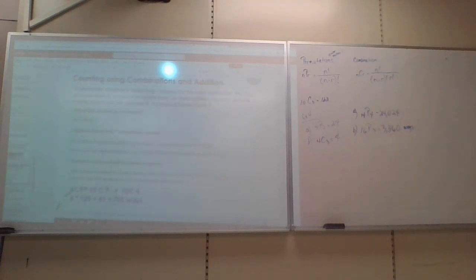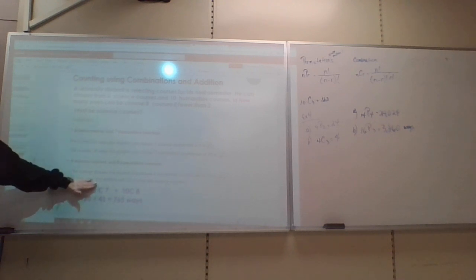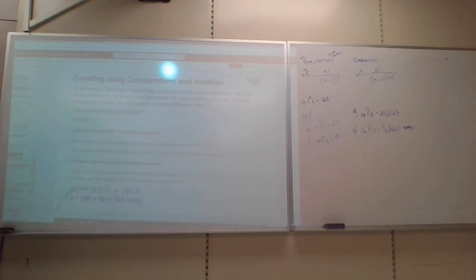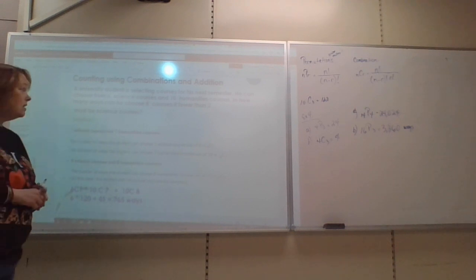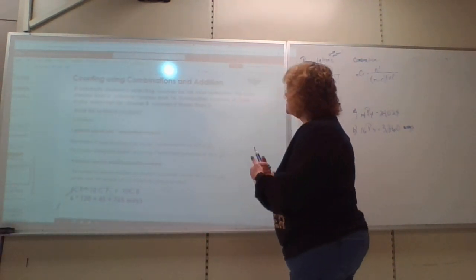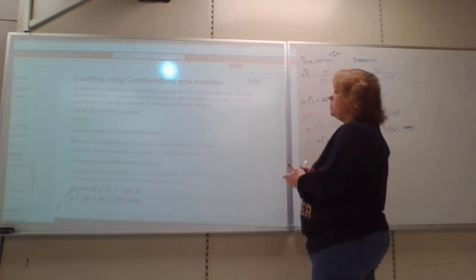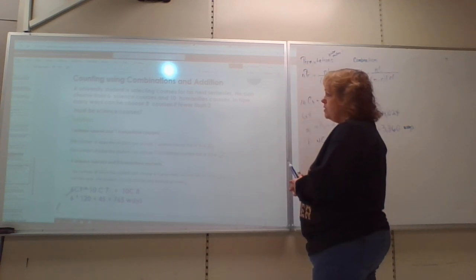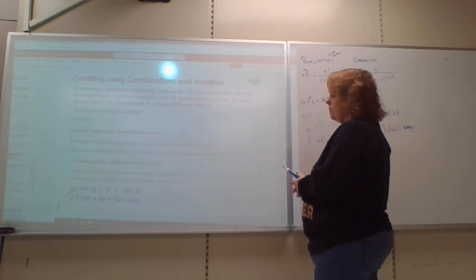Okay. Now we got some more, and this is kind of confusing too. You'll get to this problem. So we have a university student selecting courses in the next semester. He can choose 6 science and 10 humanities courses. In how many ways can he choose 8 with fewer than 2 being science courses?